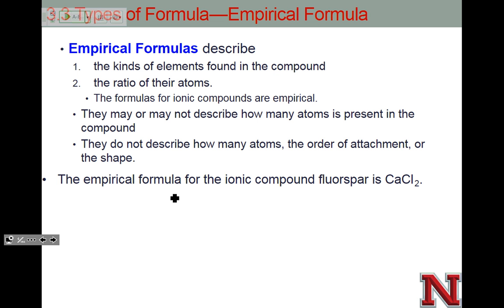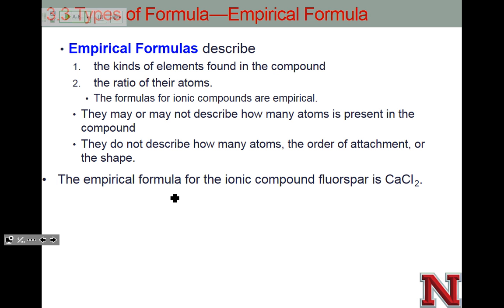Oftentimes for ionic compounds, the empirical formula is what's shown. And that's because ionic compounds are an array of ions that are attracted to each other. So typically for ionic compounds, our empirical formula equals our regular formula.